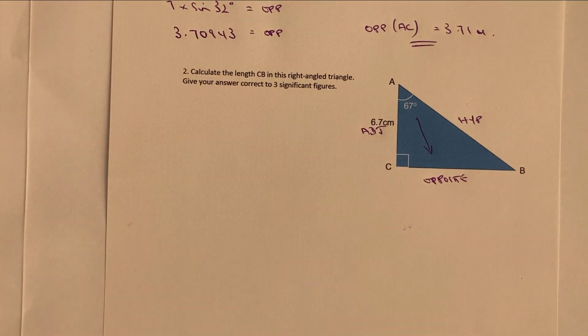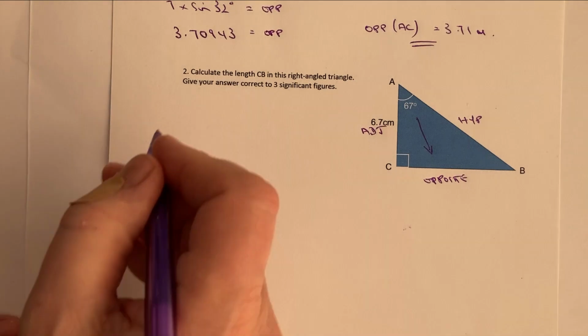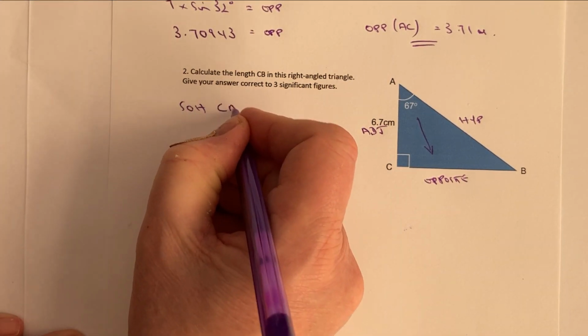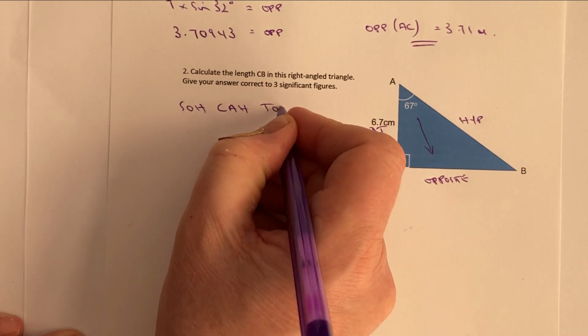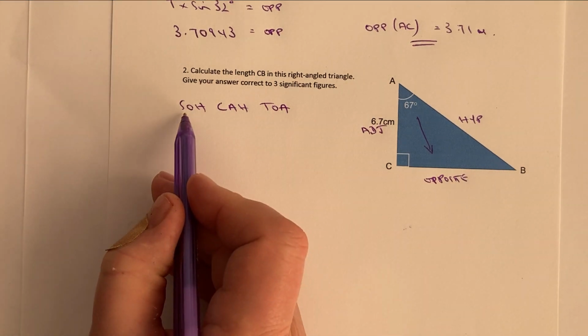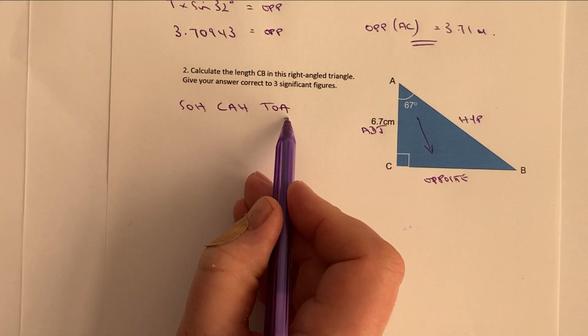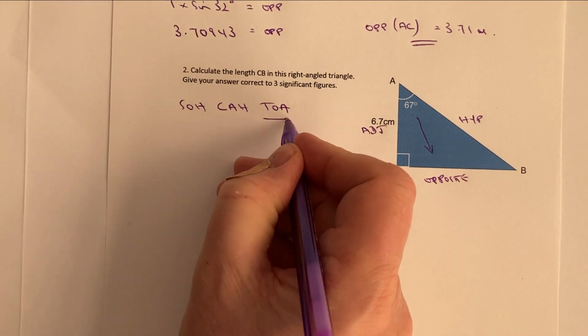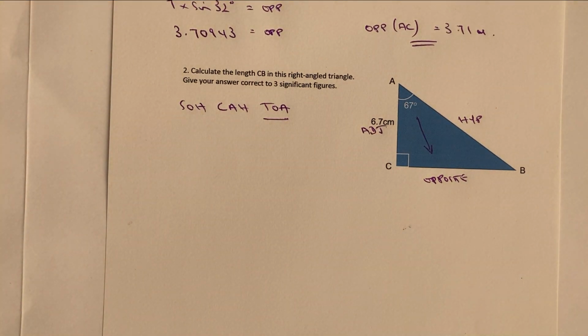And then really, as I mentioned before, it's just a case of figuring out which ratio, whether it's the sine one, the cosine one, or the tangent one that I'm going to use. Well, in this particular case, I know the angle, so sine, cosine, and tan is absolutely fine. The opposite I'm looking for, so it's either going to be this one or this one, but I've actually got the adjacent, so therefore I'm going to use the tan ratio.